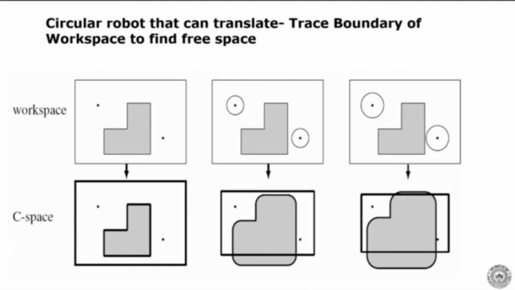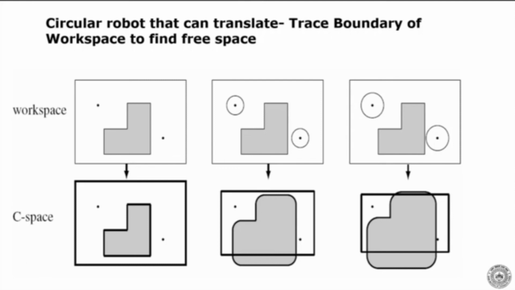Now, this will also give a clearer idea of what the use of this is. The use of this is that we can very easily find a path from one point to another point. Why? Because it's a point which is moving in space, and as long as the point is not inside the C space of the obstacle, then the path is fine.